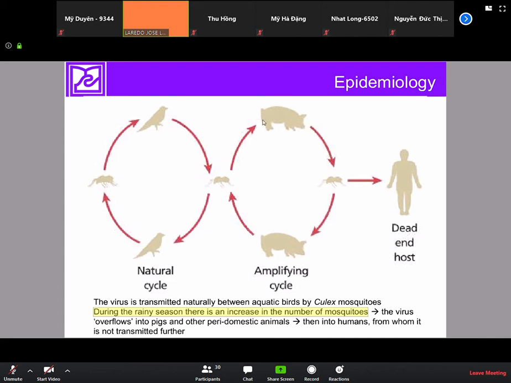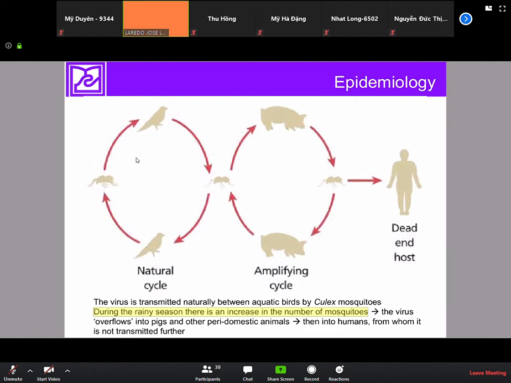The pigs are not natural hosts. They don't suffer the disease. However, they develop a lot of viremia, so they can transmit the disease to other hosts. Because these animals live very near to the humans, they are peridomestic animals, mosquitoes can transmit the disease to humans.